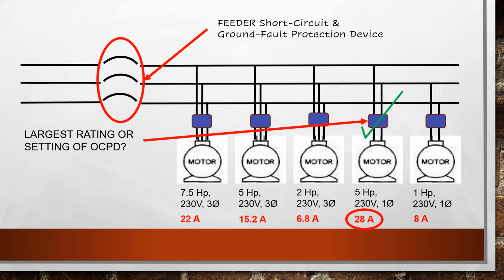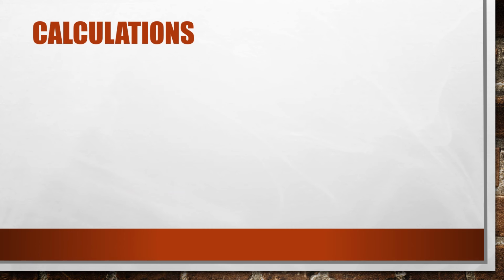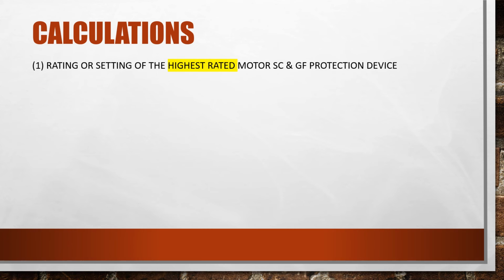So we use the 5 horsepower single phase. Now for the calculation of the rating or setting of the highest rated motor short circuit and ground fault protection device, we have 28 times 2.5 for the inverse time circuit breaker. We have now 70 ampere trip. So this is our breaker, 70 ampere trip.